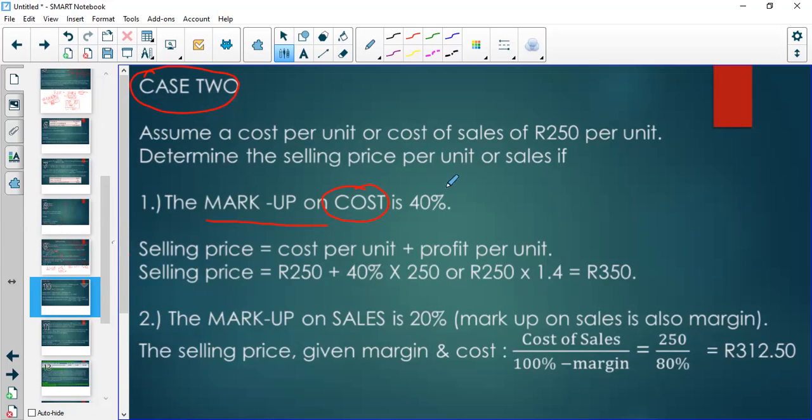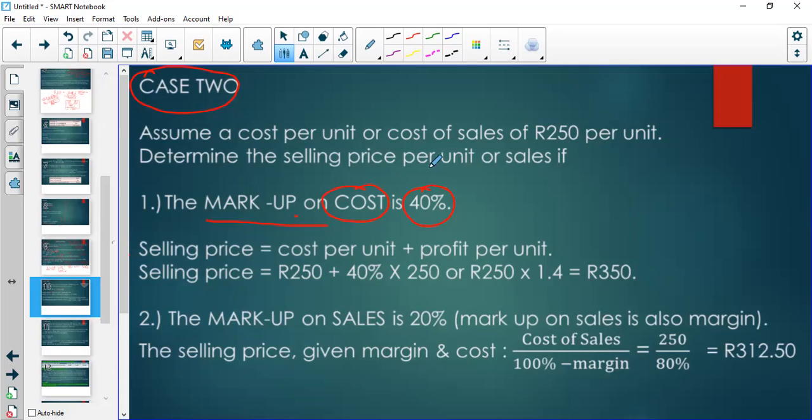So you do all your manipulations and determine the overall cost, and they tell you that the markup on cost is 40%. The question says determine the budgeted selling price of the entity. And I give you 8 marks for that, or 12 marks for that.